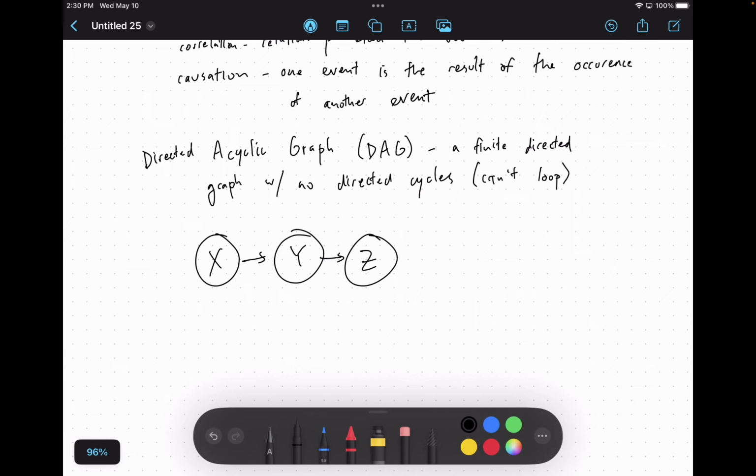Okay, so let's take a look at a specific example. Just as a reminder, these arrows mean directly causes.